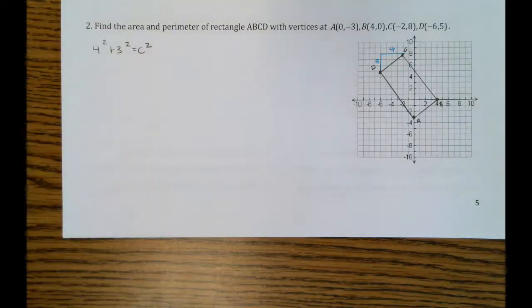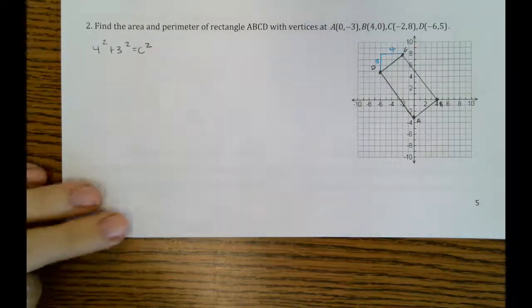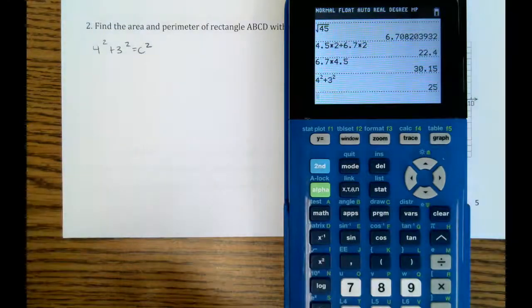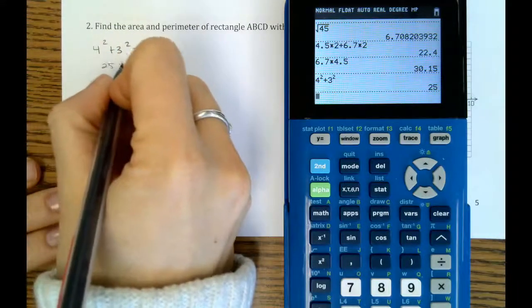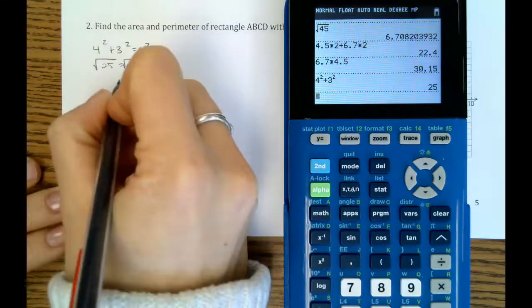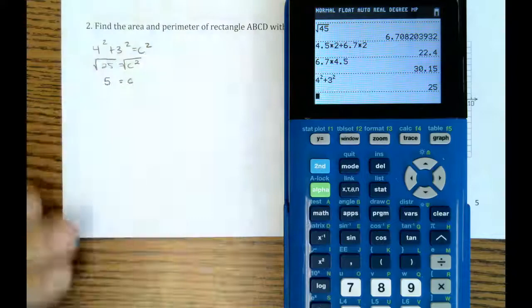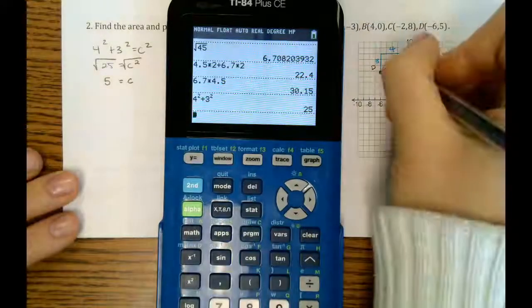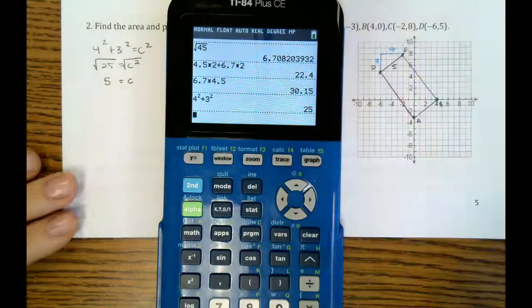So we'll do 4 squared plus 3 squared. That gets us 25. Take the square root of C. Square root of 25 is 5. So that tells us that this side has a measurement of 5.